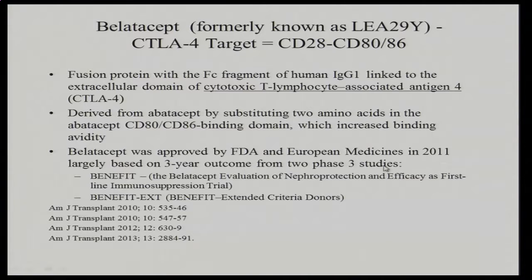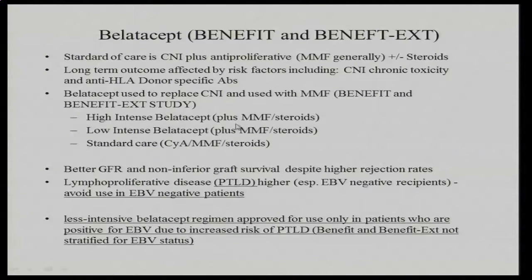So it's essentially belatacept with mycophenolate, and it's the high intensity arm and the low intensity arm. The early studies showed some concern with higher rates of PTLD, although they did end up with better GFRs when we used belatacept with mycophenolic acid in the absence of CNI.